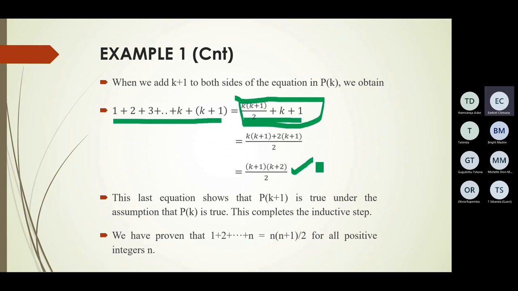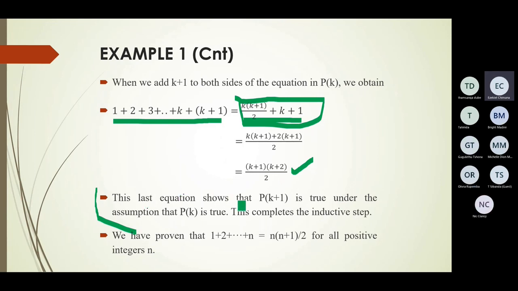So once you manage to prove that the left hand side is equal to the right hand side, you can now give a conclusion. This step is also very important. You need to give a conclusion about what we have been proving.